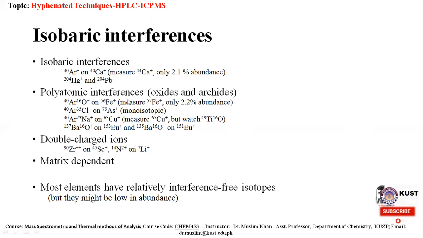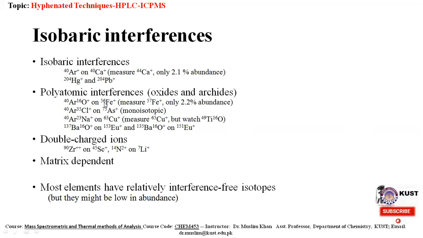Similarly, polyatomic interference, oxides or quarks. For example, you are measuring iron having atomic mass 56. Oxygen is there, and argon is used as a gas. So these polyatomic ions become 16 plus 40, 56.